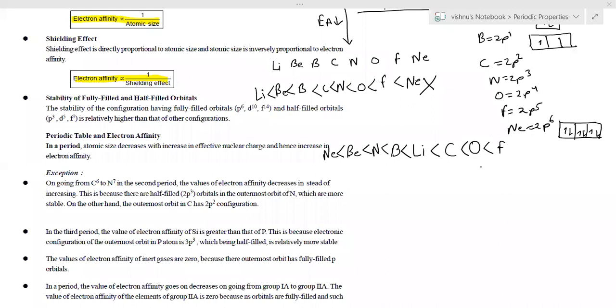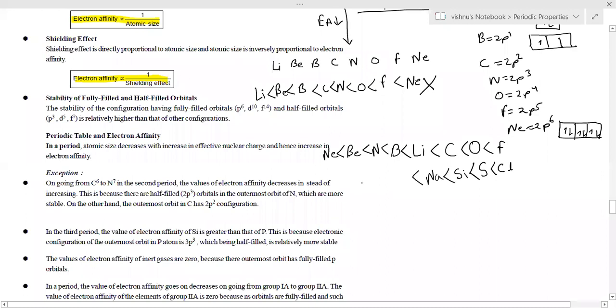So chlorine greater than oxygen, sulfur, carbon, silicon, lithium, then sodium, boron, aluminium, nitrogen, phosphorus, beryllium, magnesium, neon, argon.